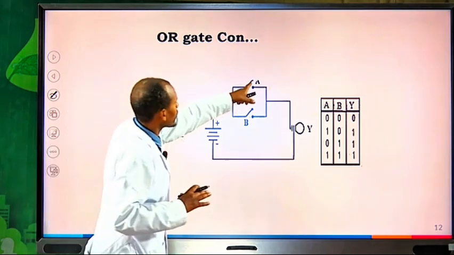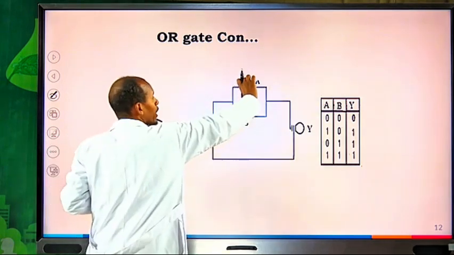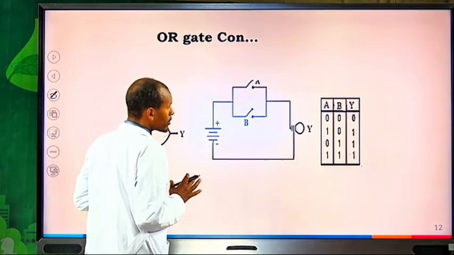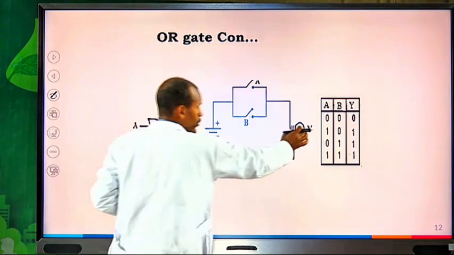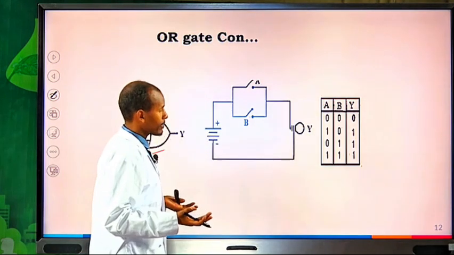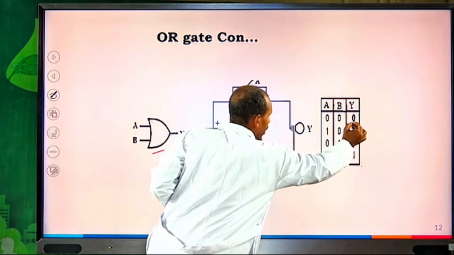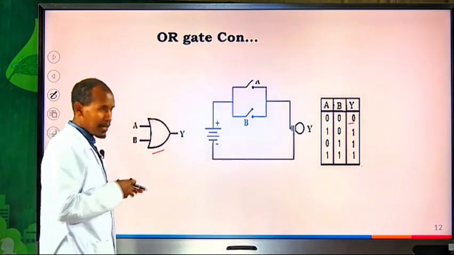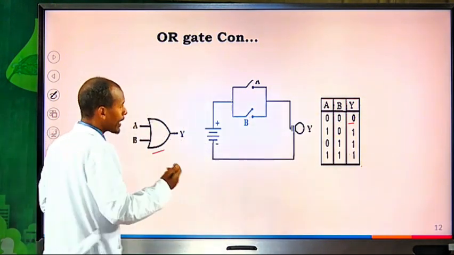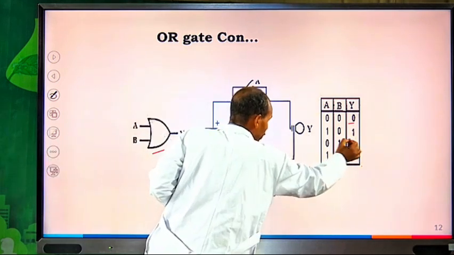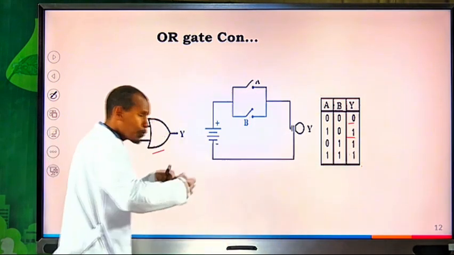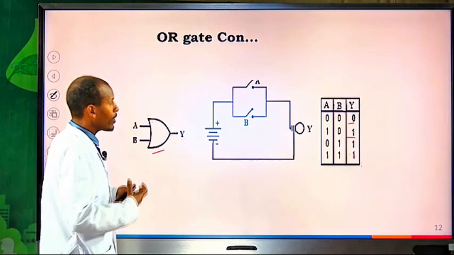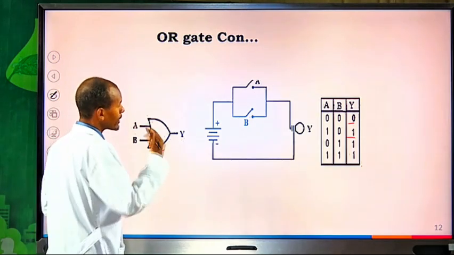You can see from the circuit diagram, if we turn off both switches, we do not get any light, which means the output value is 0. If one of them is 1, the bulb gives light, so the output will be high, which means 1.